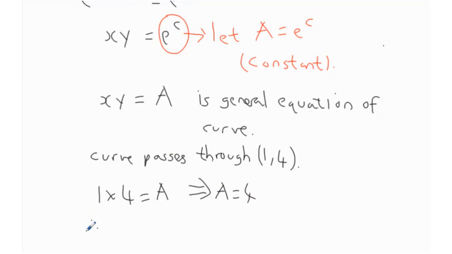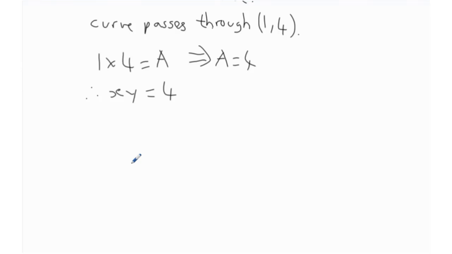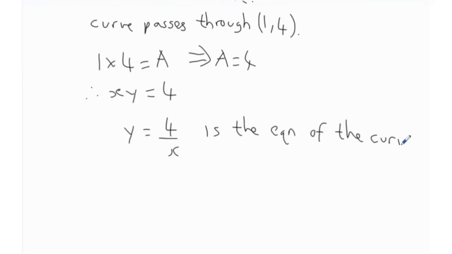So if A equals 4, the equation of the curve now is xy equals 4, and we can rearrange that very simply into y equals 4 over x. So y equals 4 over x is the equation of the curve. Okay, and that one's finished.